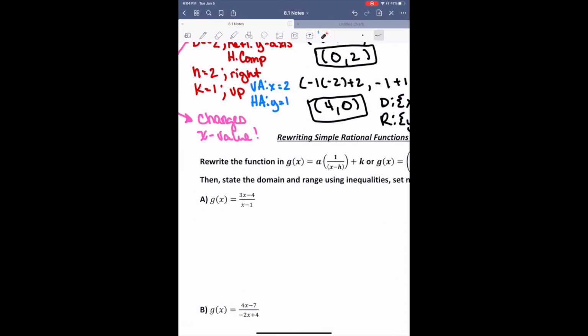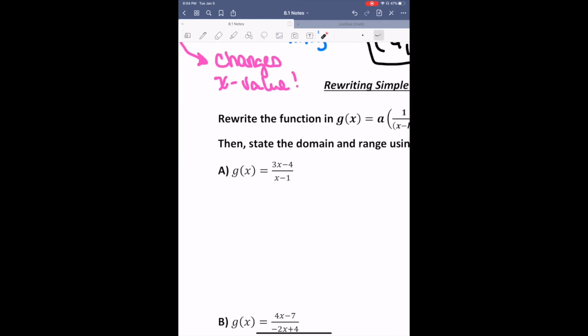So if you look at the next example, A, it's just a rational function, (3x minus 4) over (x minus 1), which means that we have to rewrite it in order to be able to graph it. And the way we do this is by division. And we do use long division to do so. And you guys will see it's really not that hard. It's actually pretty simple.